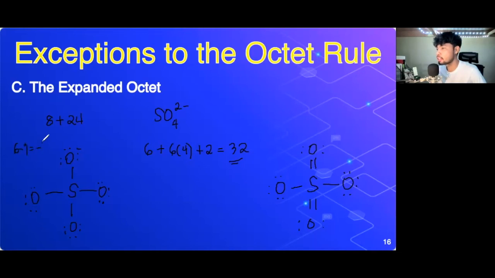Since these oxygen atoms are identical, all of them have a -1 charge. For the sulfur atom, we have 6 valence electrons minus 4 assigned electrons. That will give us a +2 charge for the sulfur atom.